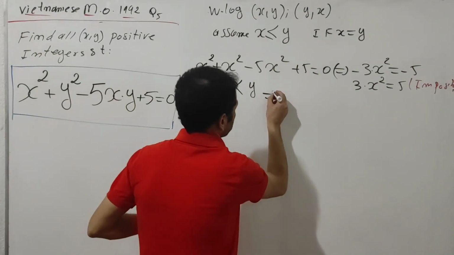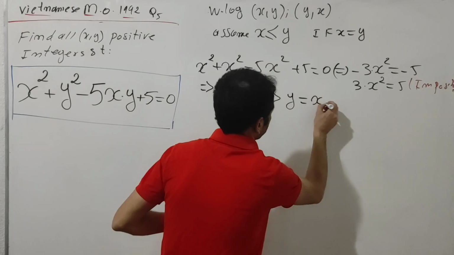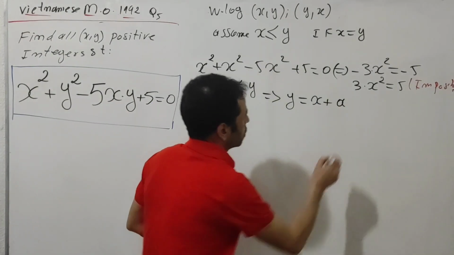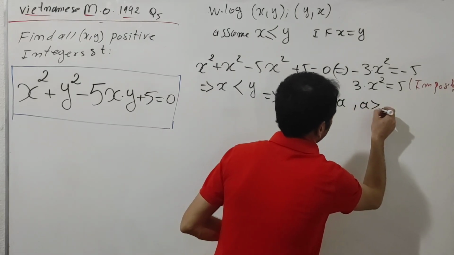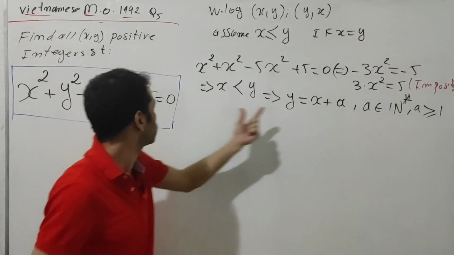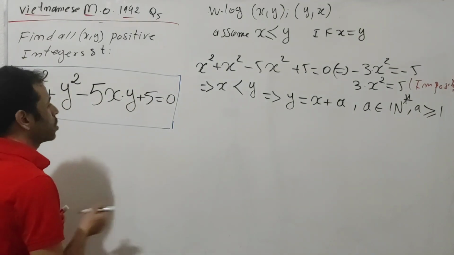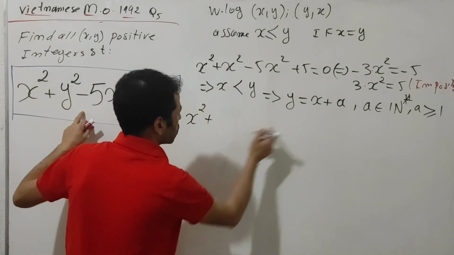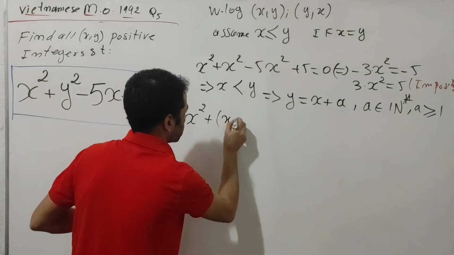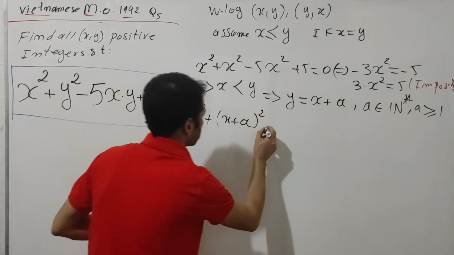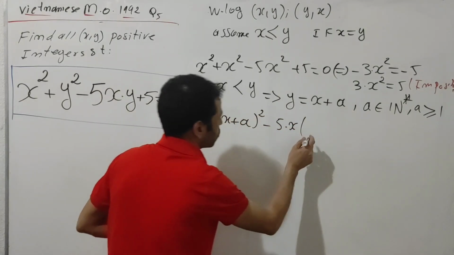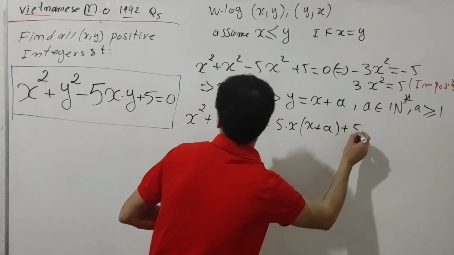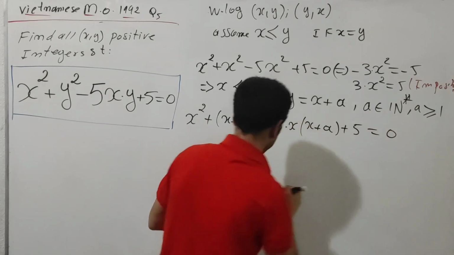So this is telling us y equals x plus a, for example, where a is some natural number. We need to plug this fact into the original equation to see what it gives us. So I will have x squared plus y squared, which is replaced with (x plus a) squared, minus 5 times x times (x plus a), plus 5 equals 0.